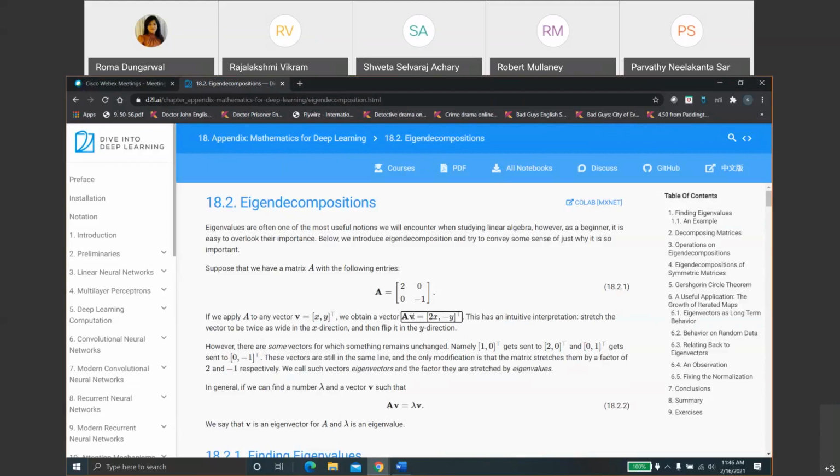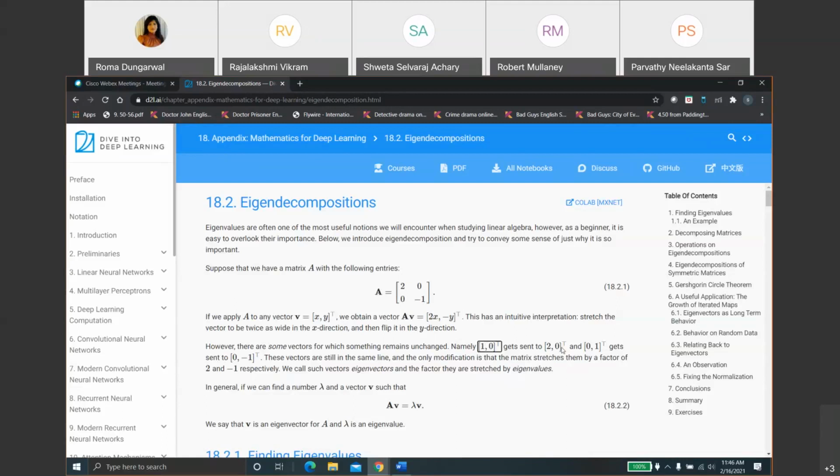Some of the dimensions will not change. For example, if you apply matrix A to vector 1, 0, it will give you 2, 0. So basically, the vector 1, 0 is being stretched only in the x dimension. The y dimension remains the same.